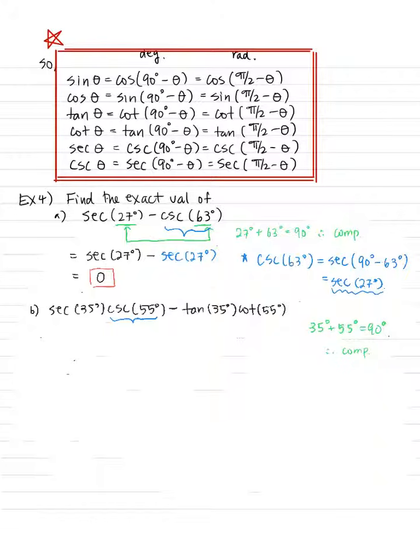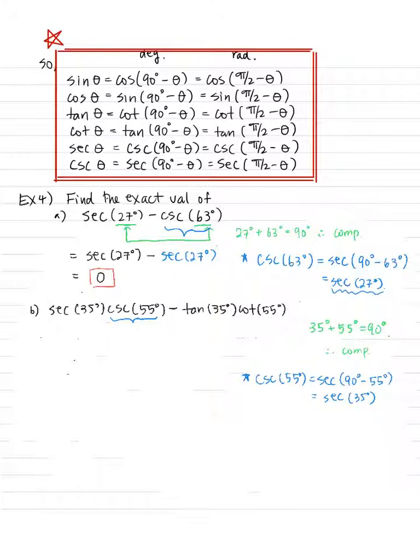So let's convert that in terms of secant. So as a side work, note that cosecant of 55 degrees is secant of 90 degrees minus 55 degrees, which is going to give us secant of 35 degrees.